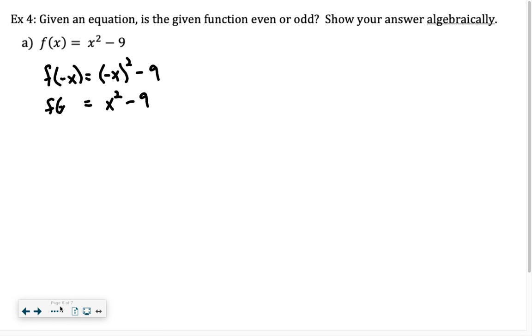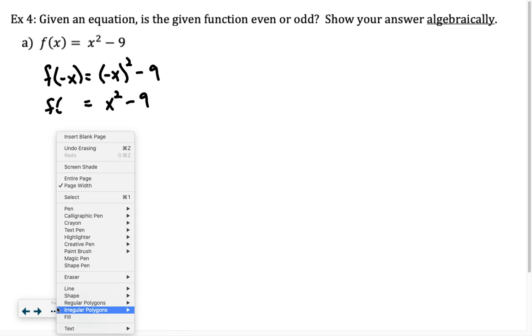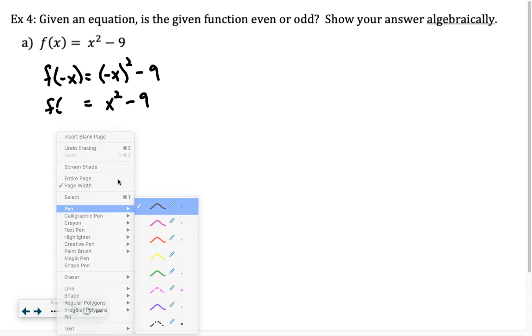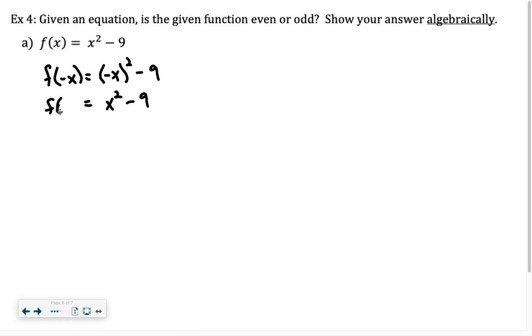So f of negative x is exactly the same as what we started with. f of negative x equals f of positive x. If we get that, that means that my function is even. If I get exactly what I started with when I plug in negative x, that function is even. That means this graph would be symmetric across the y-axis.